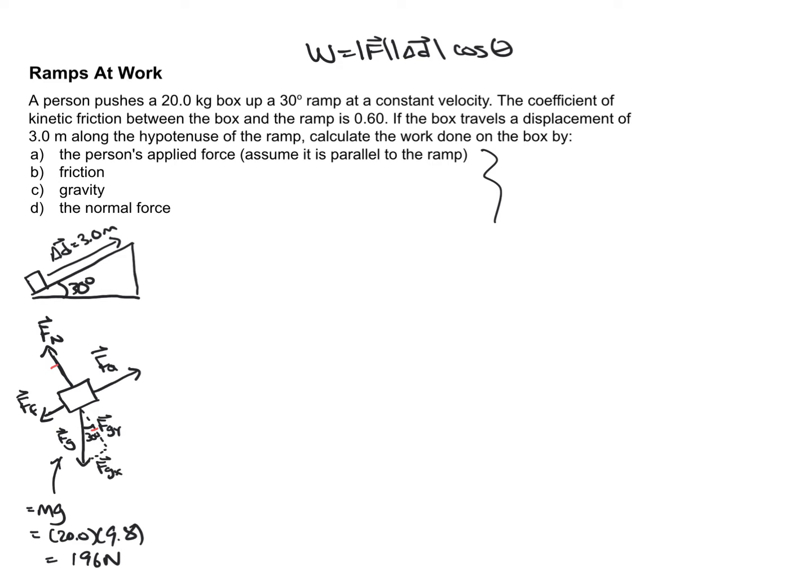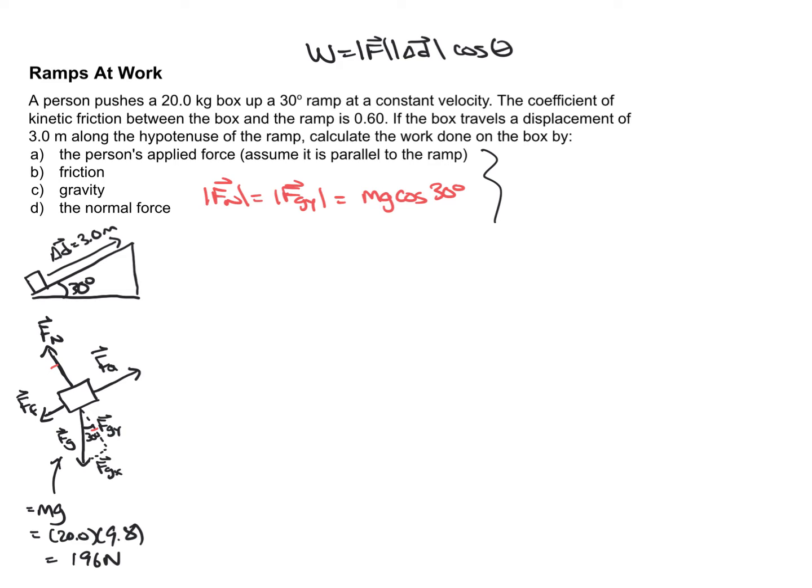So I'm going to work a bit on the normal force. F normal will equal Fgy, which is the one component of gravity. Using trig ratios, it is equal to mg cosine of the angle. All right, so that's the normal force.